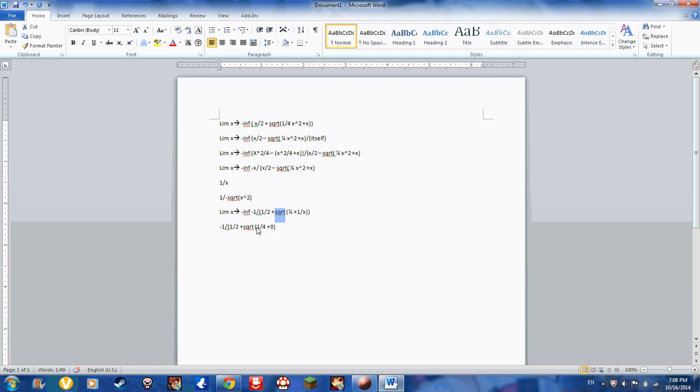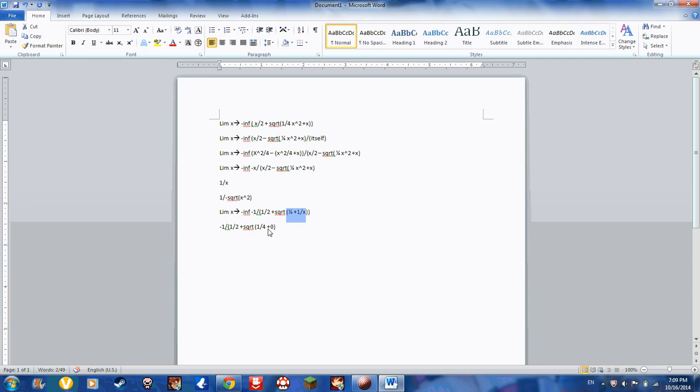And then we just take the square root of the limit of what is inside: 1/4 plus 1 over x. The limit of 1/4 is 1/4. And the limit of 1 over x is 0. That's one of our properties: a over x to the r, as x approaches negative infinity, is always equal to 0 as long as it's reasonable in the denominator.